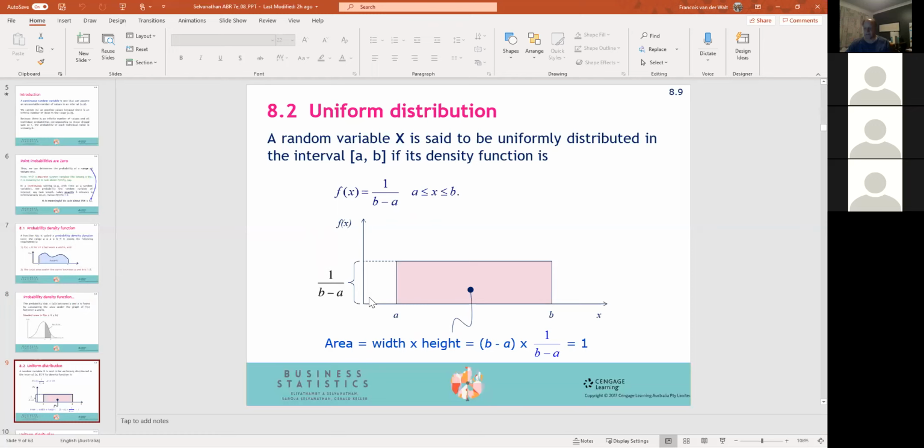You can calculate the area: it's width times the height. B minus A times 1/(B minus A) will be equal to 1. And that's what we defined.